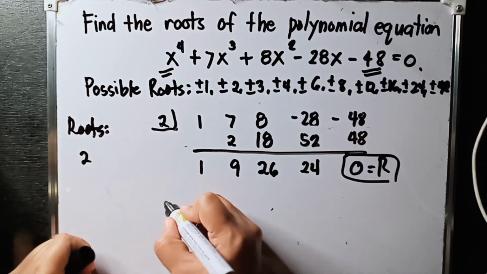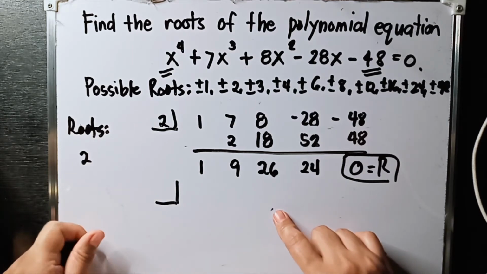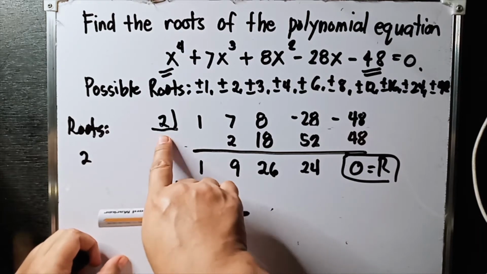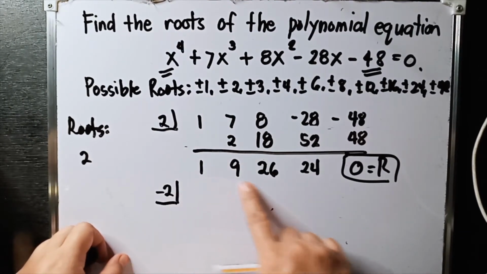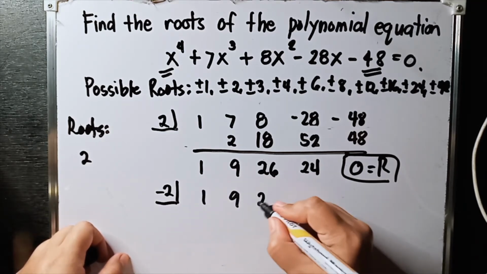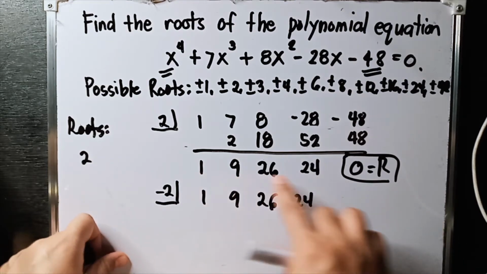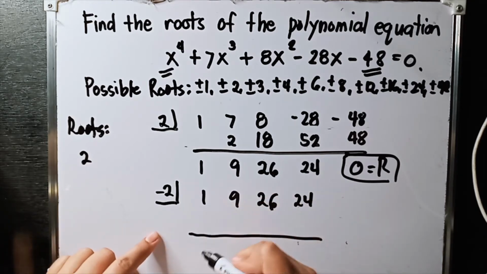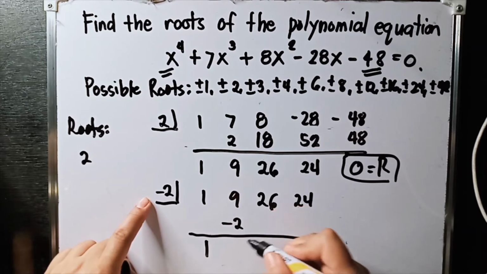Now let's find other roots. Since we have 2, let's now try negative 2. But this time, we will be using the depressed equation. 1, 9, 26, 24. This is now the coefficient of the depressed equation. And then we bring down 1. 1 times negative 2 is negative 2.